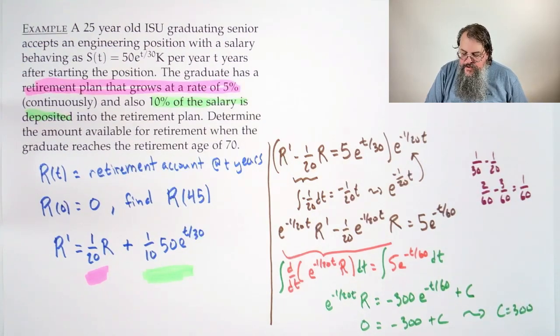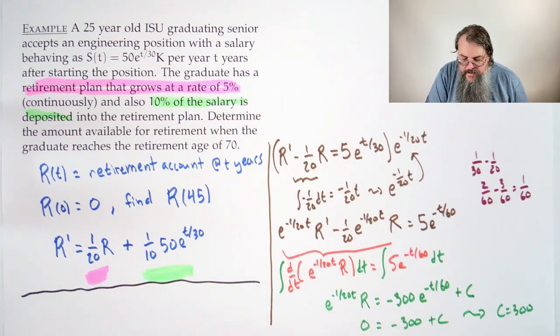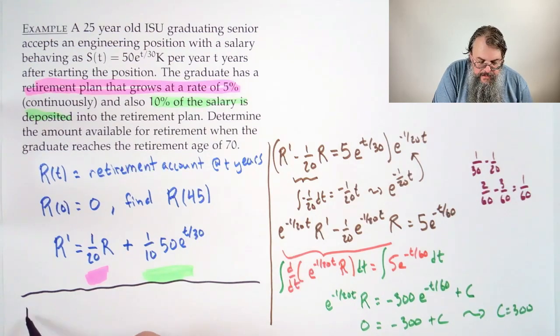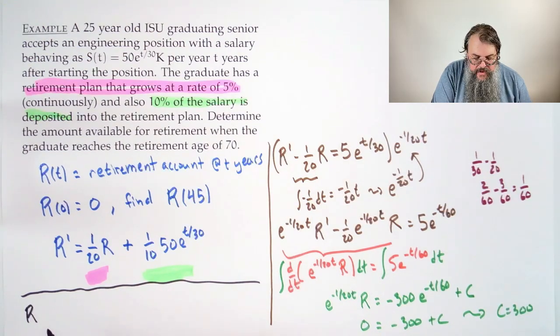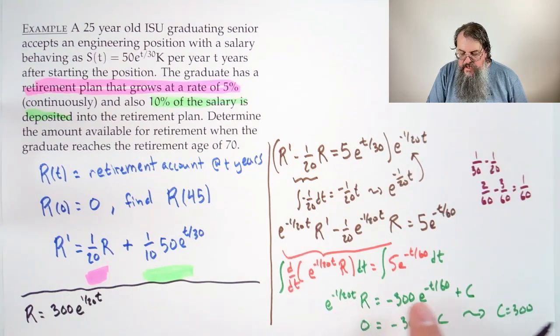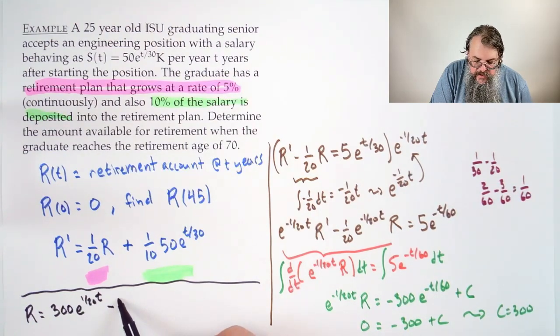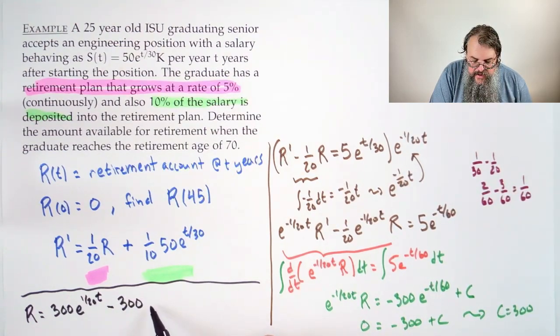Okay, multiply both sides through by e to the 1 over 20th. And what we'll have is that the retirement account at any given time is going to be equal to 300 times e to the 1/20th t. So that's there. And then subtract 300 e.